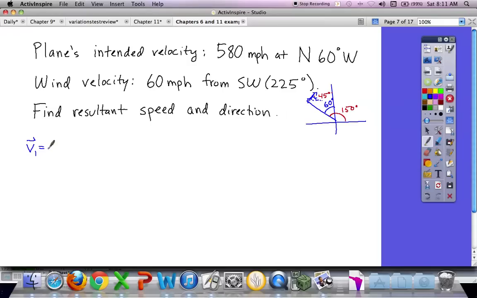V1 has a magnitude of 580, and we know that it's flying in the direction of 150 degrees. So it's going to be cosine 150, sine 150. And V2 will be the velocity of the wind, and that is 60 miles per hour. That is the magnitude, and that's the cosine of 45, the sine of 45.